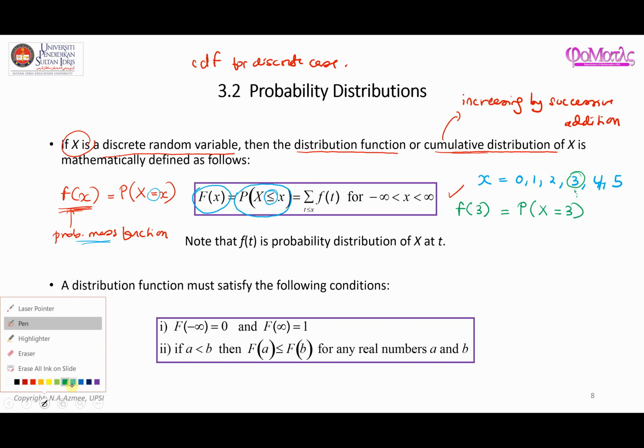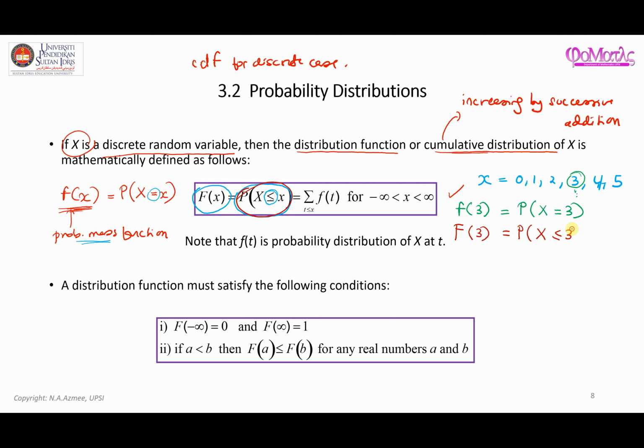Now, if we consider the cumulative distribution function, big F3, it means the probability of random variable x being less than or equal to 3.